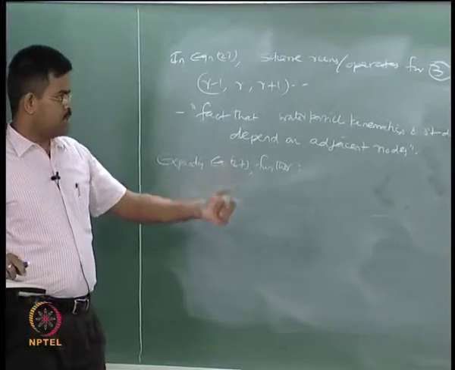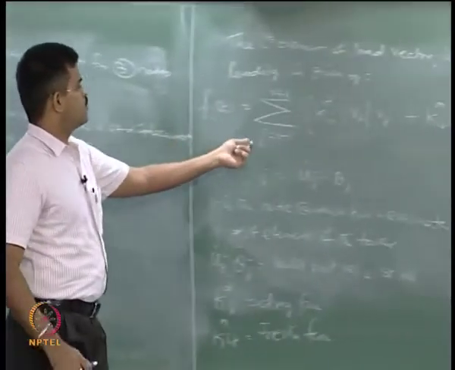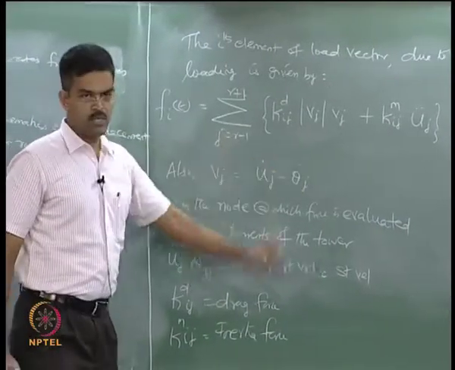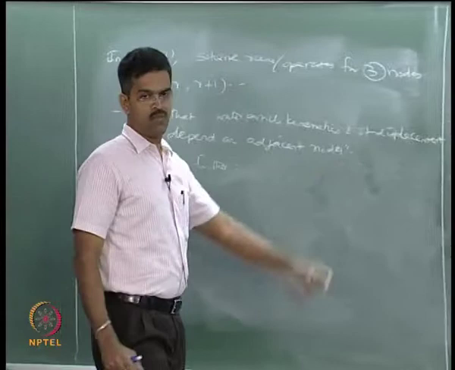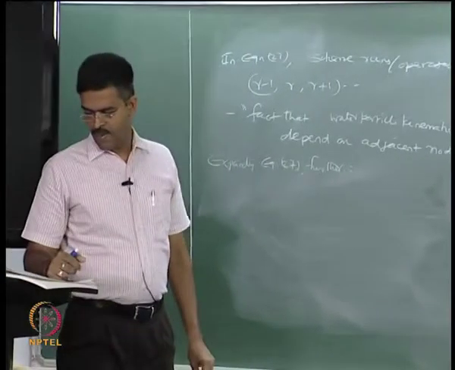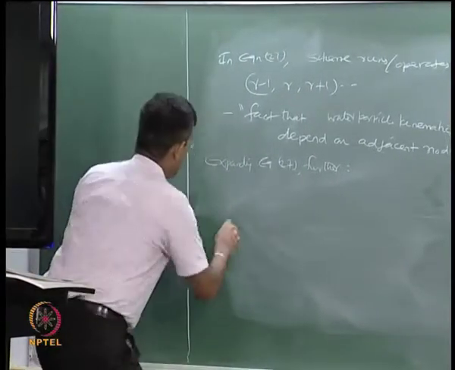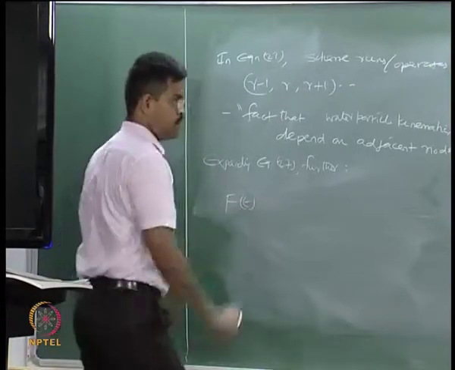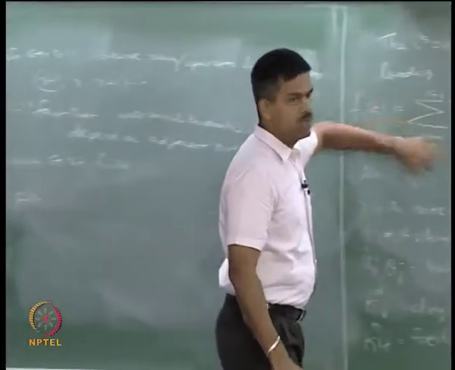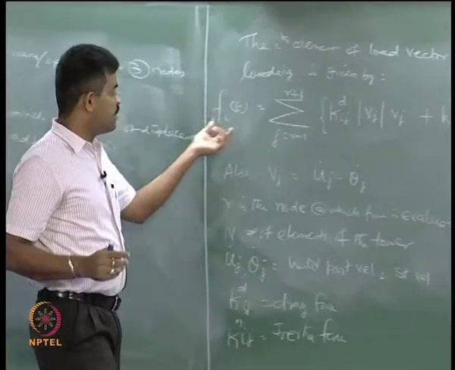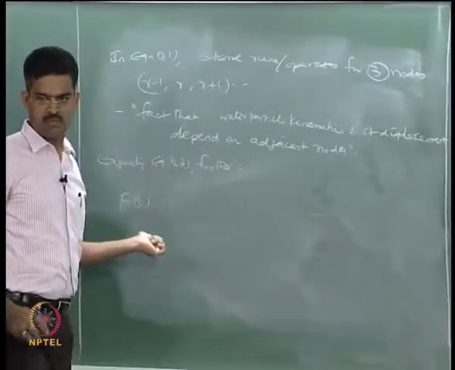I want to take this iterative scheme of the different node dependency into the body of the f of t. You remember this is actually a summation, I am expanding it and getting f of t now, is that clear?